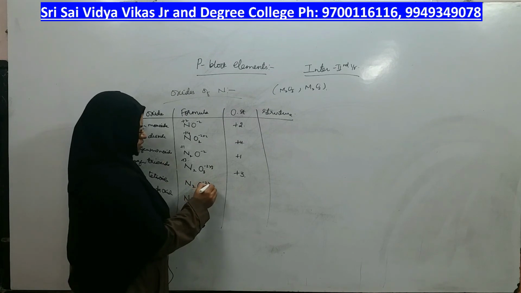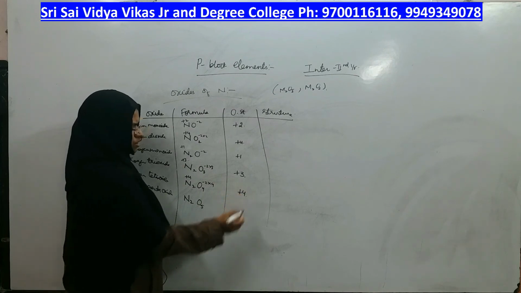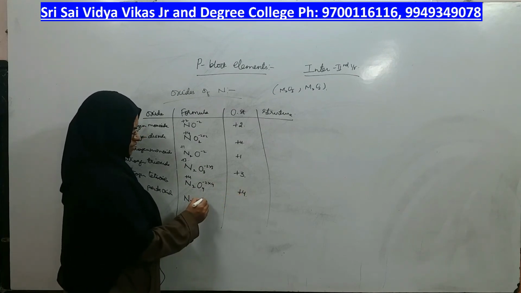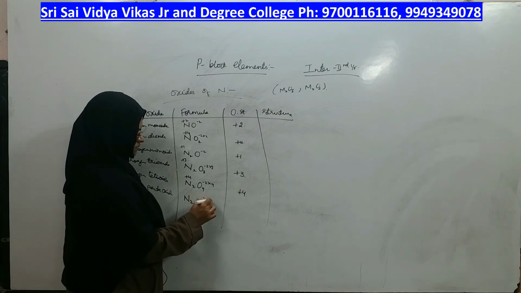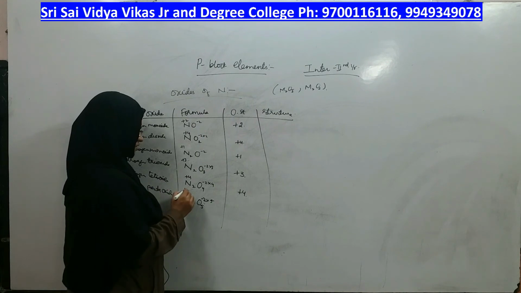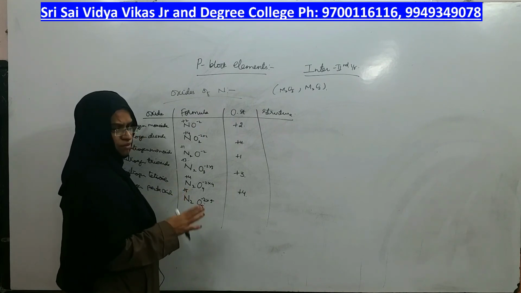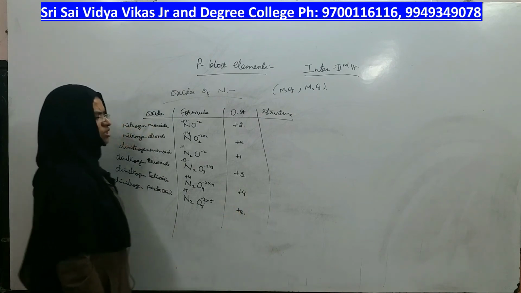Same way, -2 into 4 is -8. Here +8, that means on each nitrogen +4 oxidation state. -2 into 5 is -10. Coming on this side, +5 together +10, right? So on nitrogen the oxidation state. We got oxidation state also.